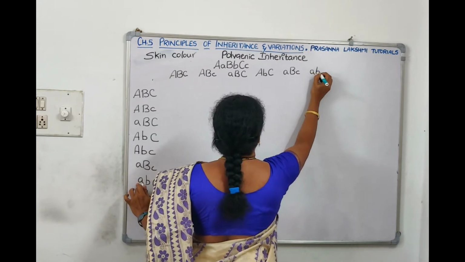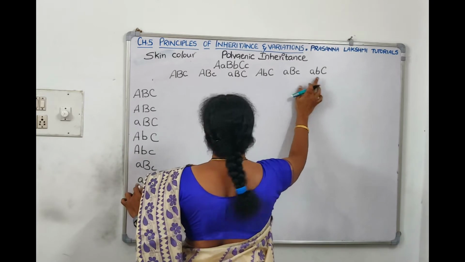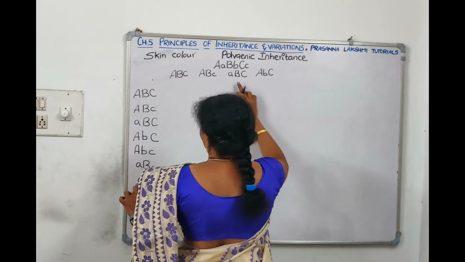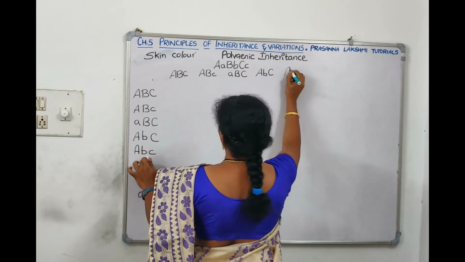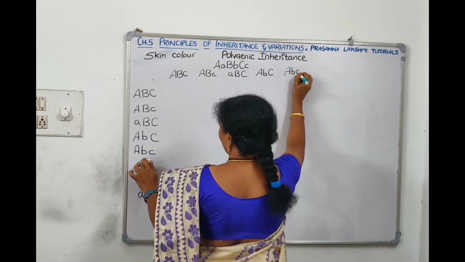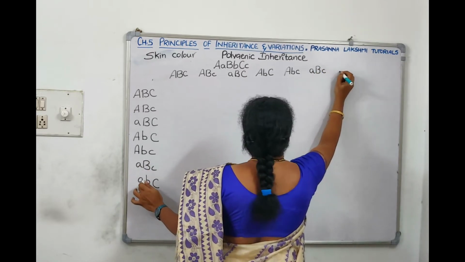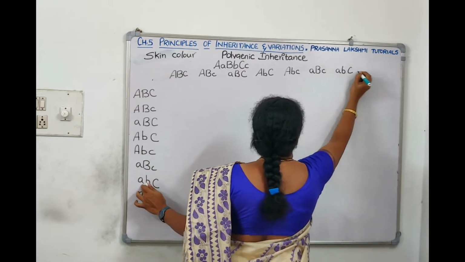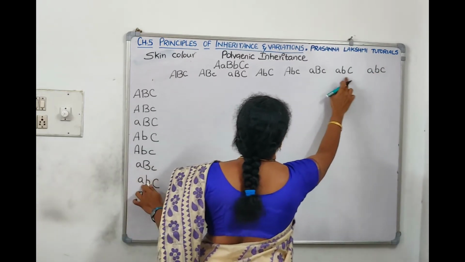Small a, small b, capital C. 1, 2, 3, 4, 5, 6. Capital A, small b, small c. Small a, small b, capital C, and small a, b, c. So 1, 2, 3, 4, 5, 6, 7, 8.